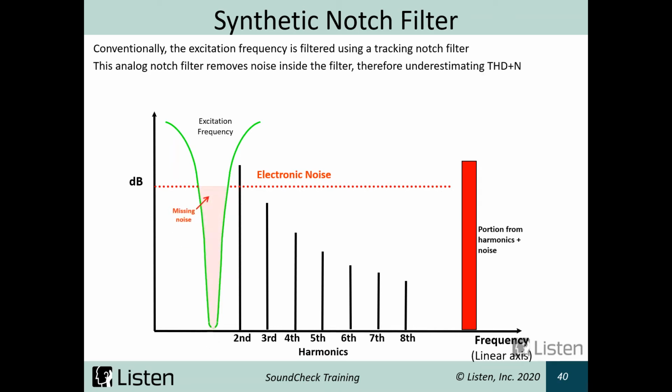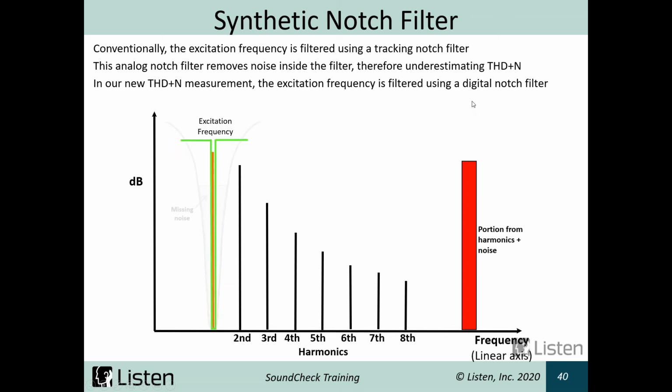The drawback here is that this filter removes all of the noise that's inside the filter. So anything close by to that excitation frequency, we're removing from our measurement. So THD+N is going to be underestimated. With that synthetic notch filter enabled, we're going to remove that excitation frequency with a very narrow digital notch filter.